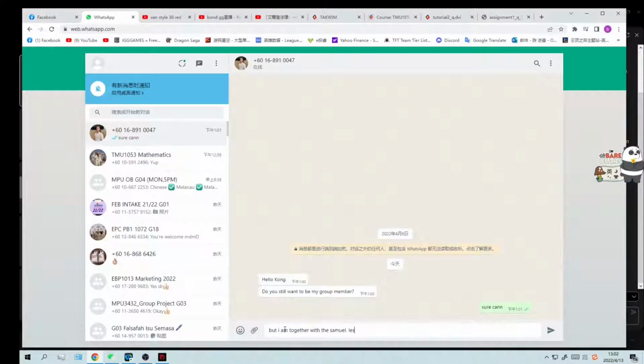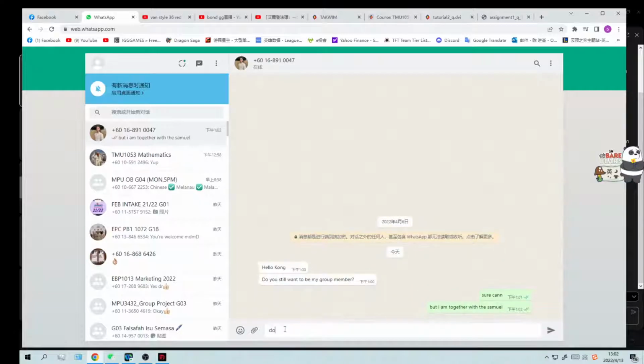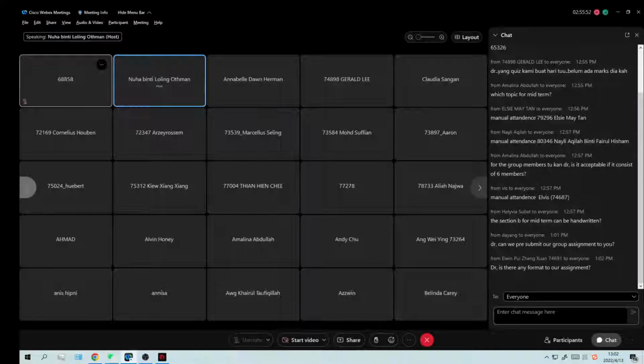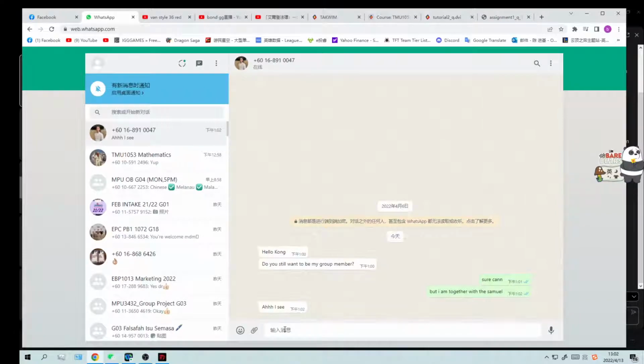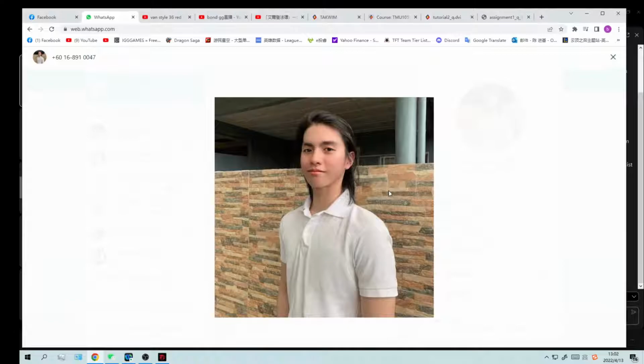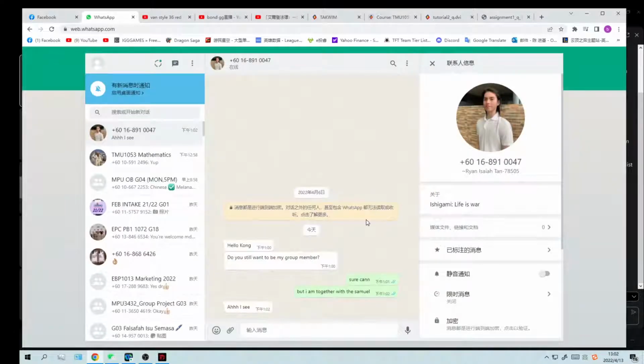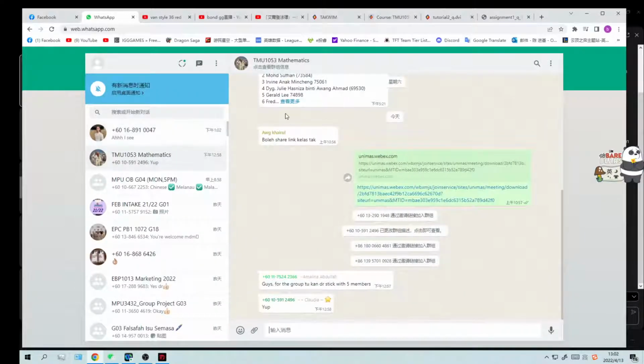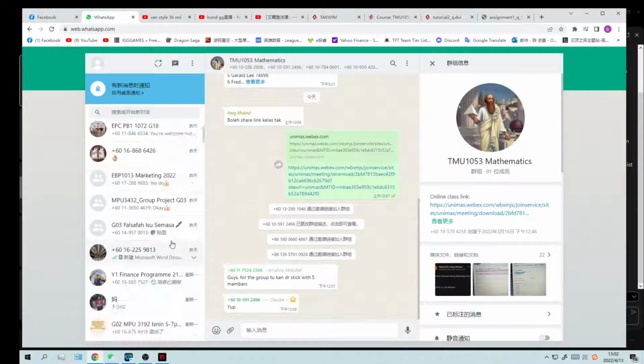Nak tulis tangan boleh, you nak type pun boleh. Up to you. Saya tak ada masalah. No format, asal boleh dibaca dan saya faham. Kalau saya tak faham, habislah. No problem, it is free for you how you want to do your assignment.